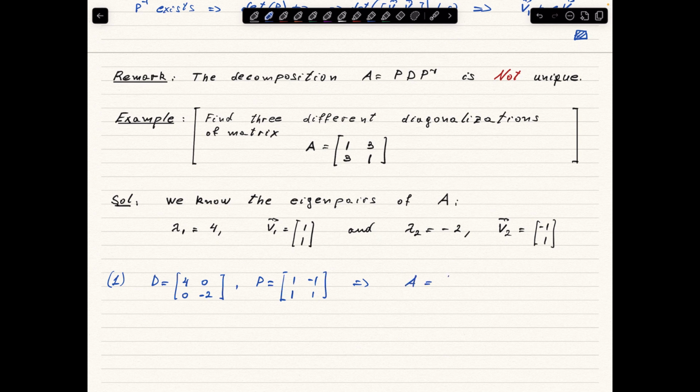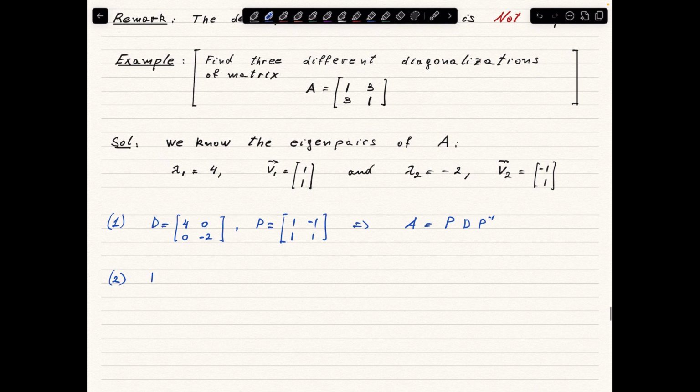matrix A can be written as P D P inverse, where this matrix contains the eigenvalues and this contains the eigenvectors. But we have a similar decomposition where we put the eigenvalues in different positions. We put here negative 2, 0, 0, and 4. This also is a matrix with the eigenvalues in the diagonal.